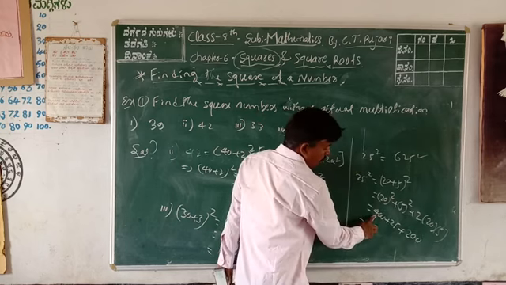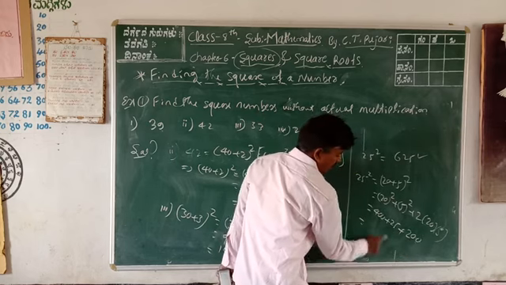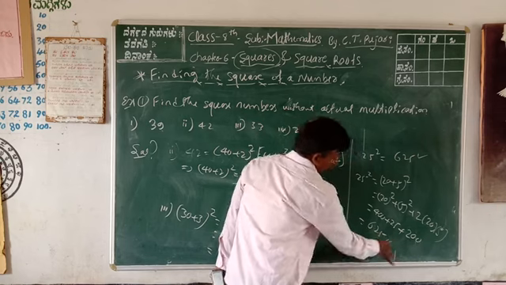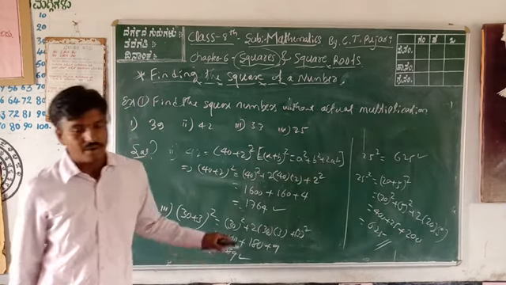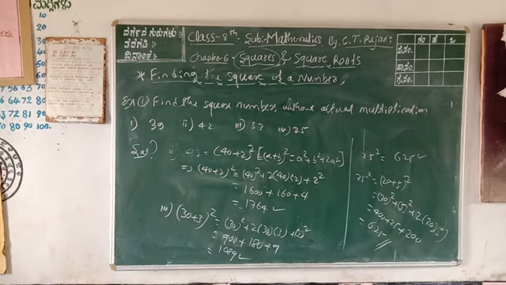Therefore, 400 plus 200 is 600, plus 25 is 625. 625 is the square number. Got it? With numbers like these, you can find the square numbers.